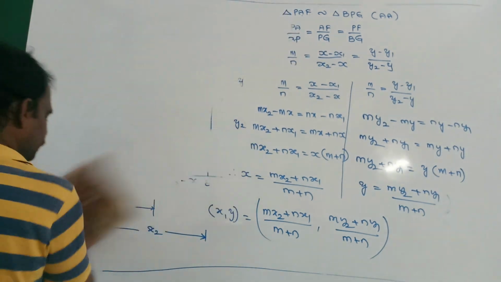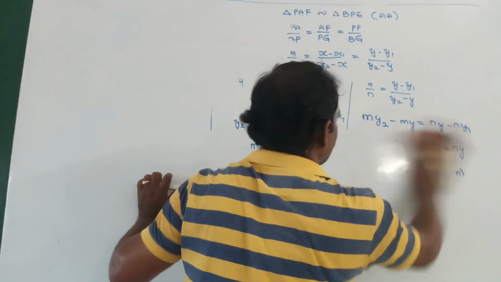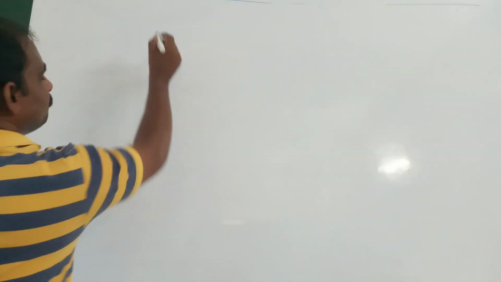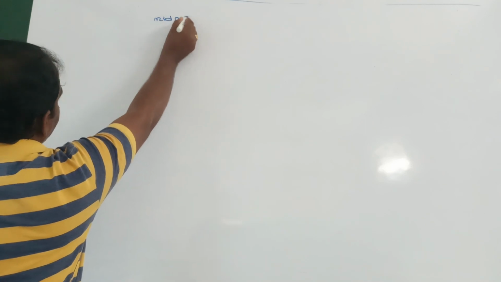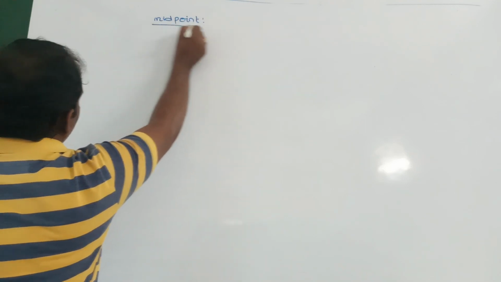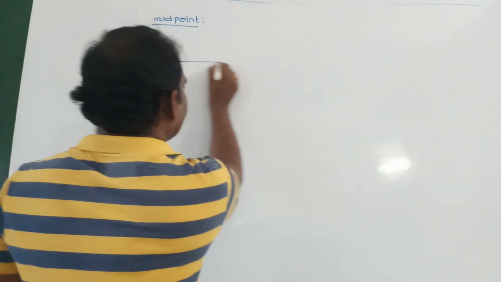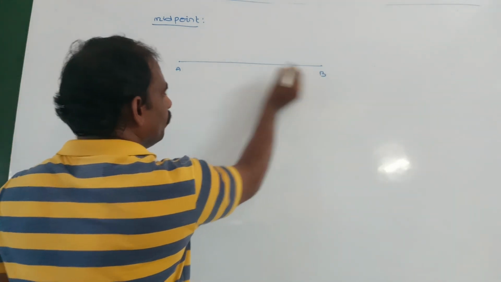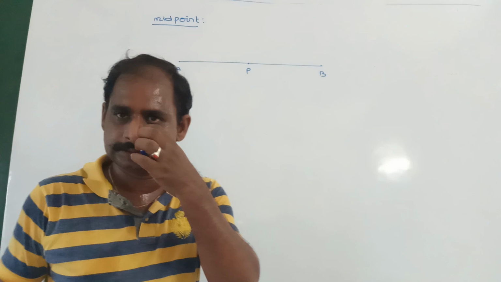Now we will go for the application of the section formula, that is midpoint. What is midpoint? Suppose we take a line segment AB where P is an internally dividing point.